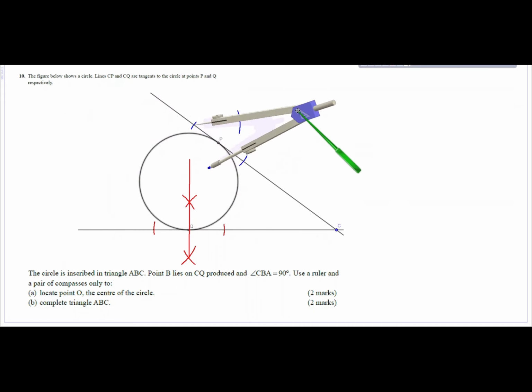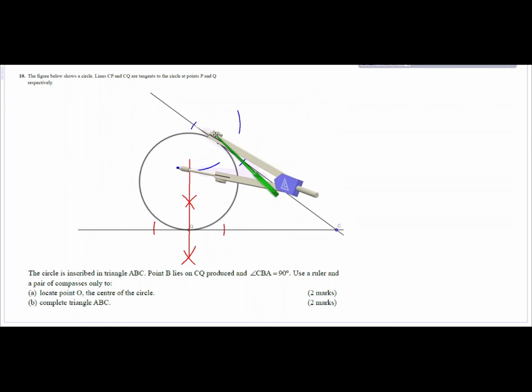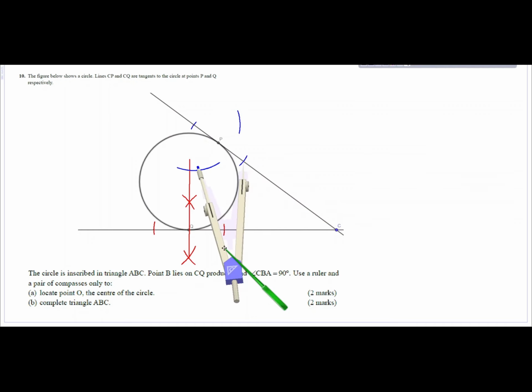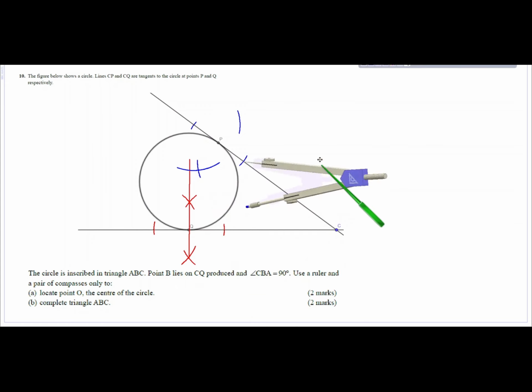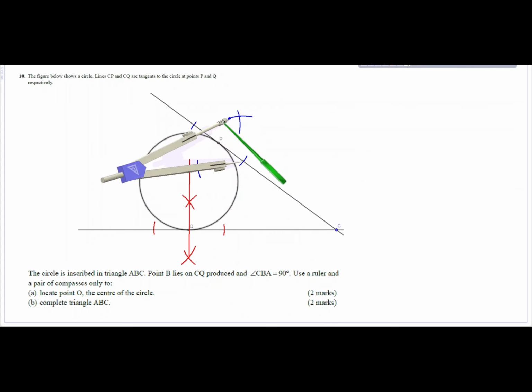So I do it on the other side, maintaining that radius. Again, on this side, I use this arc as the center and put that arc. Also, I do the same with the other side. I put an arc there, and then I will join.